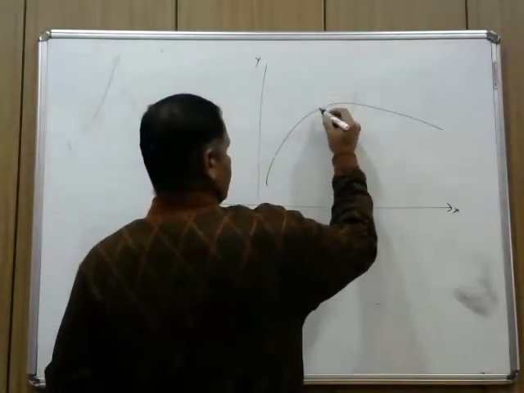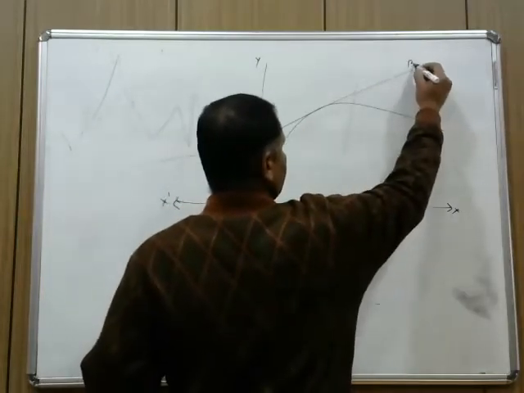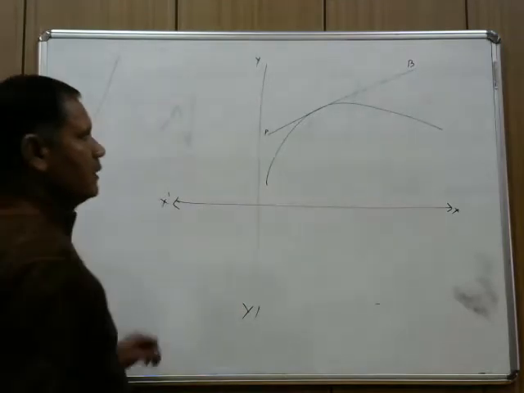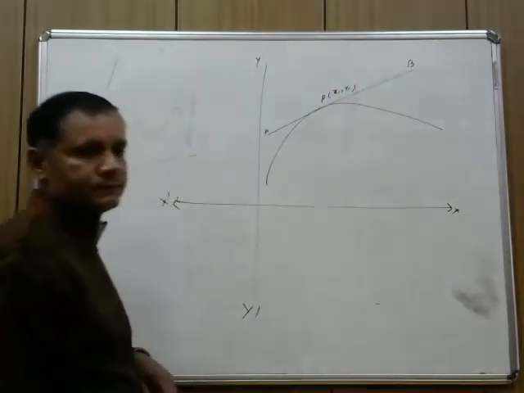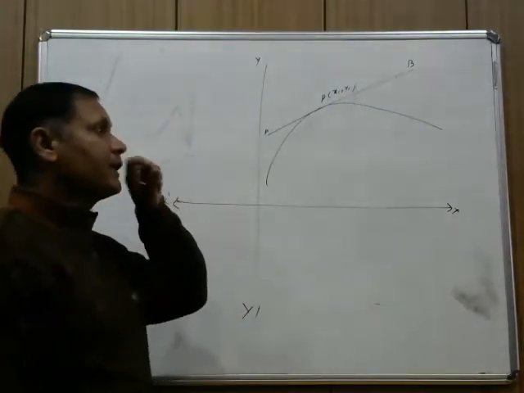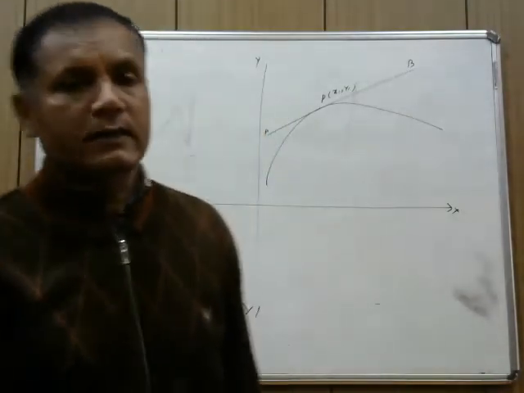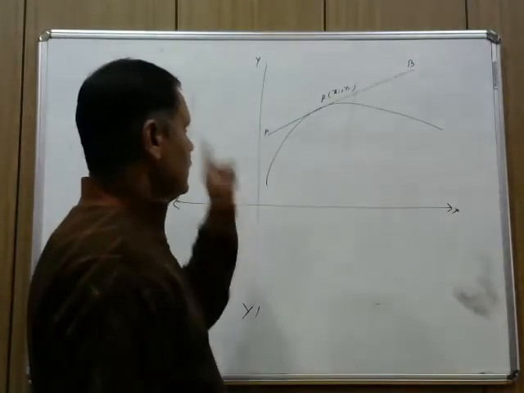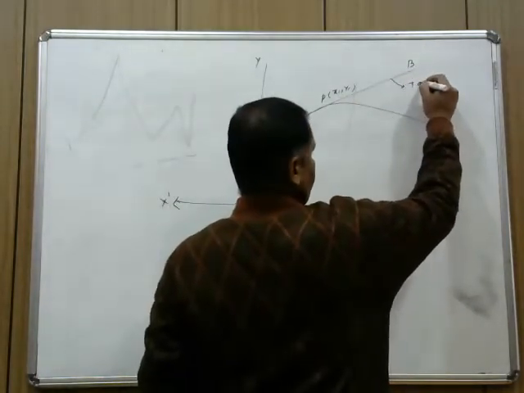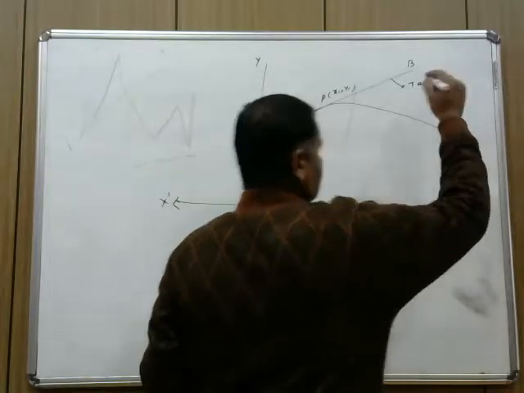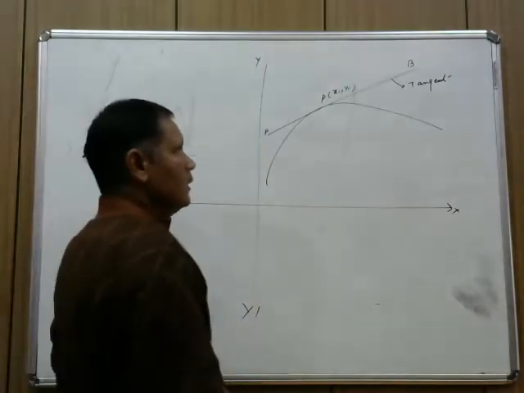At this point, AB touches the curve at the point P whose coordinates are x1, y1. Now this point P is called the point of contact, through which the line is passing. That's why AB is the tangent. We have said that tangent is a line which touches the curve at one and only one point.